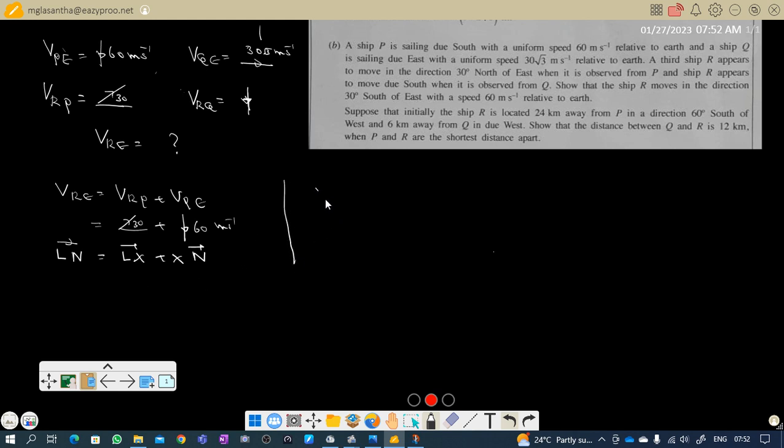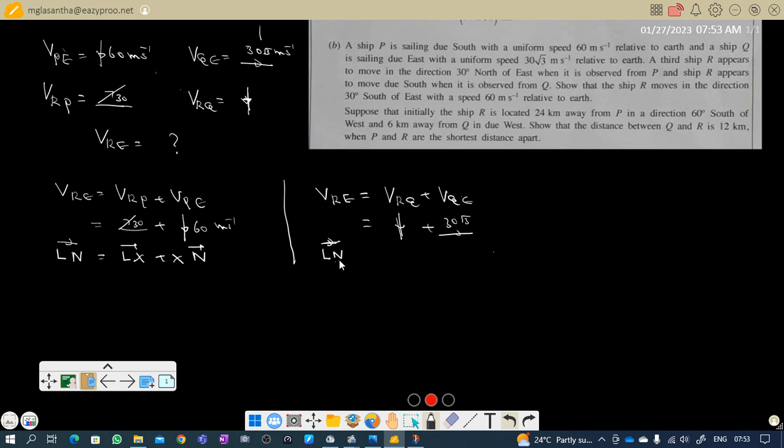If you take VRE using Q, it is VRQ plus VQE. VRQ is given, due south. VQE is 30 root 3. So this is also LN; in both velocity triangles the velocity of R relative to E is the same.